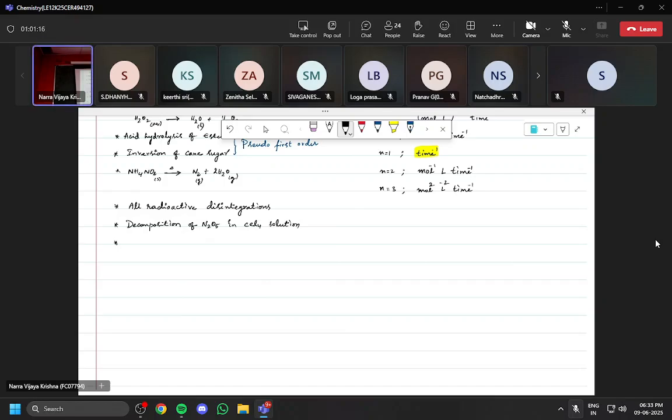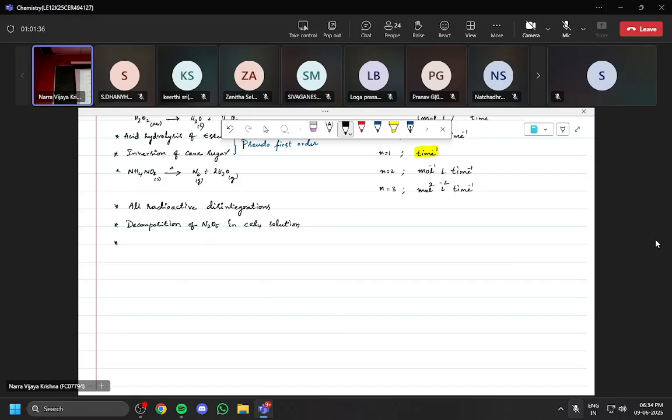Characteristics of first order reactions. In that, they gave some examples: decomposition of hydrogen peroxide, acid hydrolysis of ester, inversion of cane sugar, decomposition of ammonium nitrate, radioactive disintegration of radium, decomposition of N2O5 in CCl4.